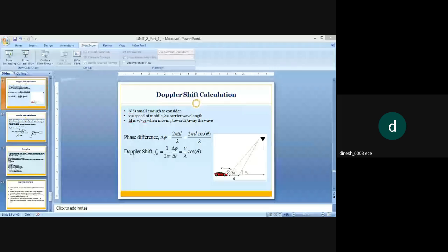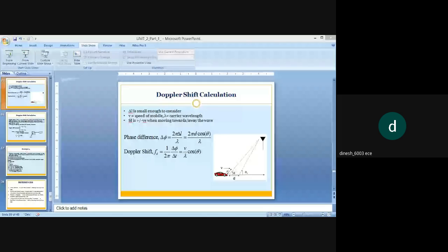This solution can be obtained by the formula which we saw just now: FD is equal to V by lambda cos theta. FC is given as 1850 megahertz. So FD can be calculated from V divided by lambda cos theta.